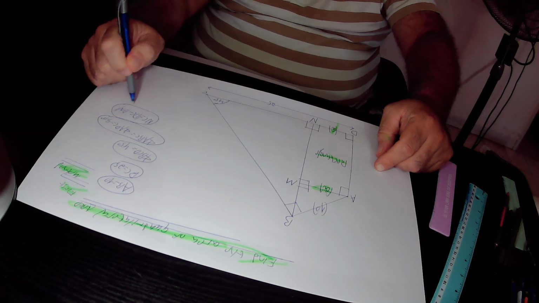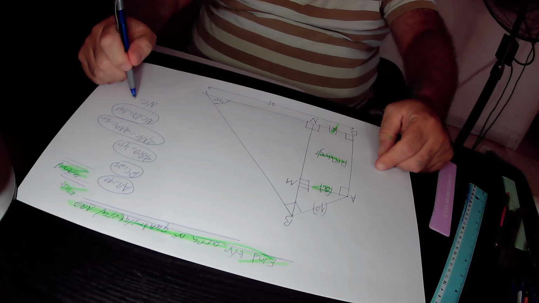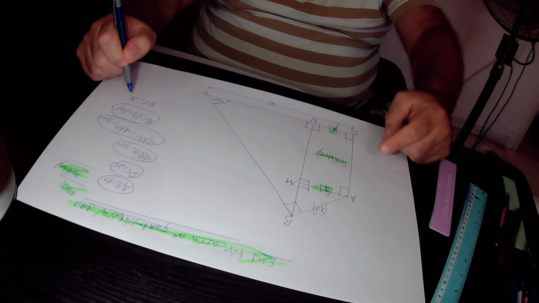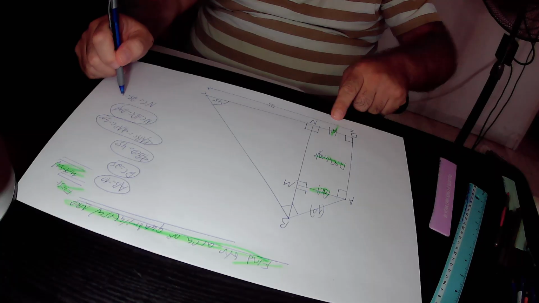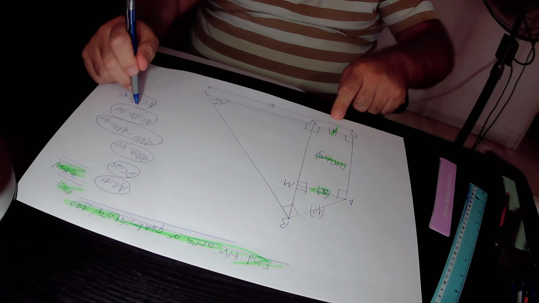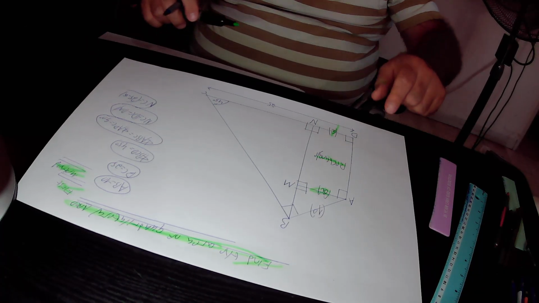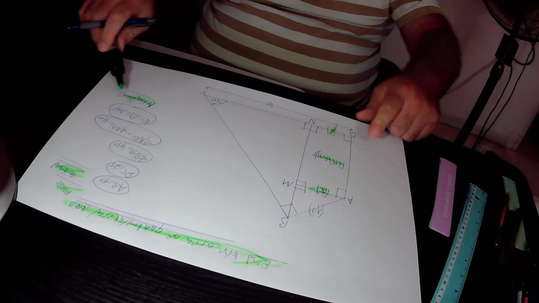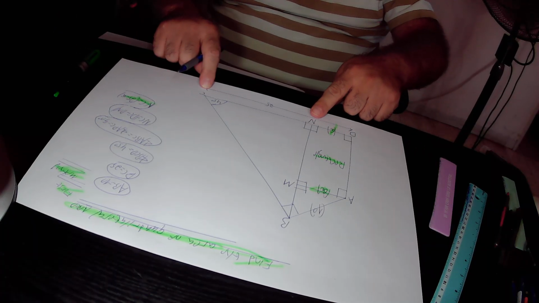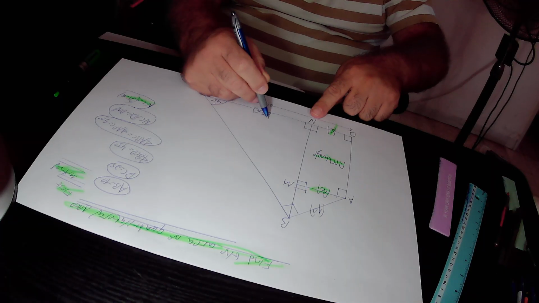DC is 25, minus DN, DN is A. So in total, NC equals 25 minus A units in its length. This is line segment NC, equal to 25 minus A units in its length.